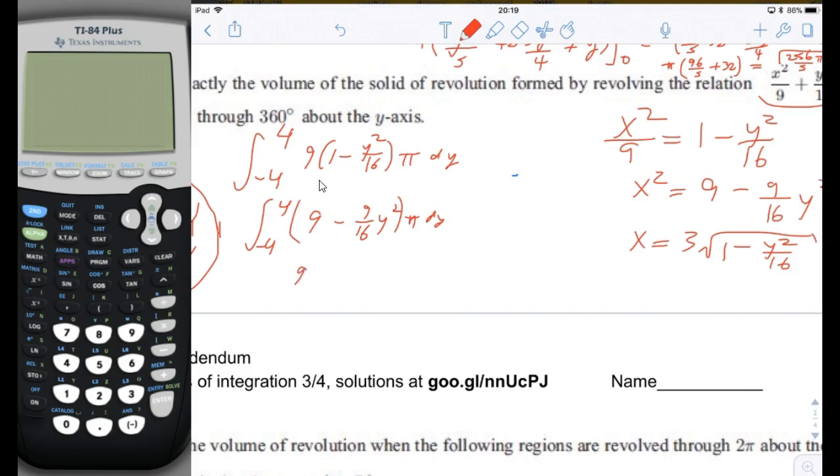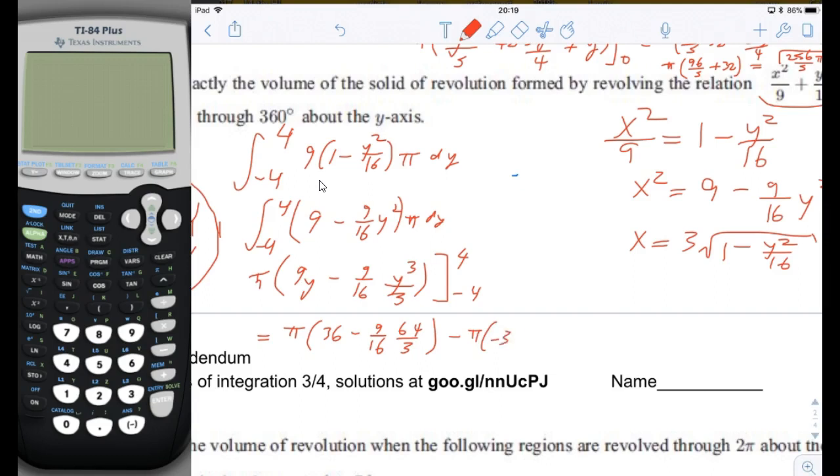Now I'm going to integrate. So 9y minus 9/16 y cubed divided by 3. And I'm going to multiply everything by pi, and then I'm going to put the limits in, from -4 to 4. And so first, when I put 4 in there, I'm going to get pi times 36 minus 9/16, and 4 cubed is going to be 16 times 4, 64 thirds, and then minus, and then I'm going to put in -4 in there.